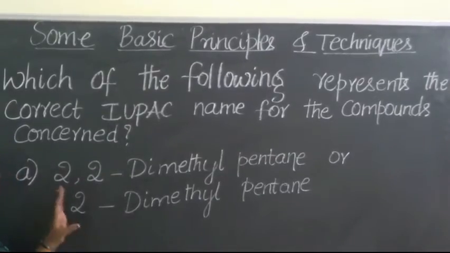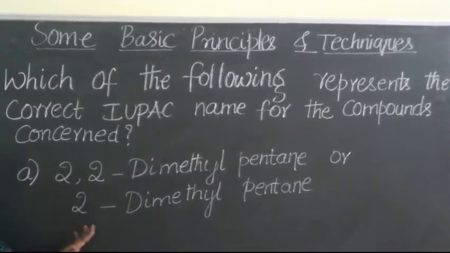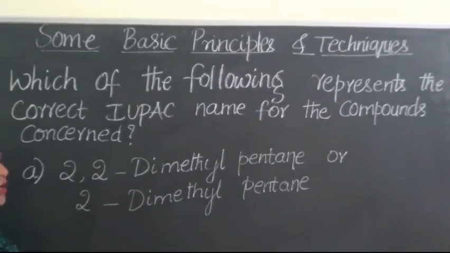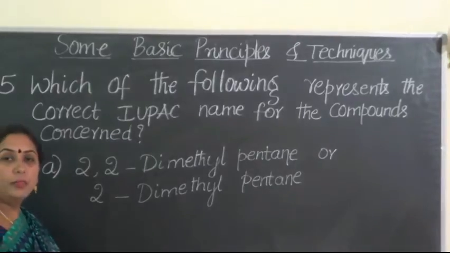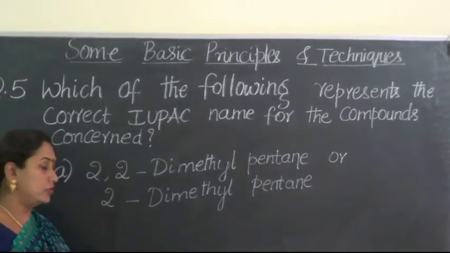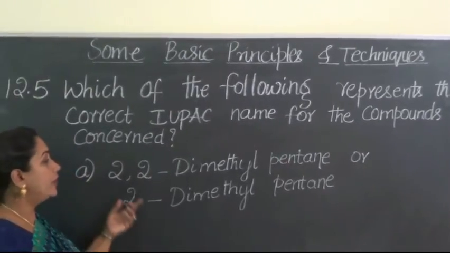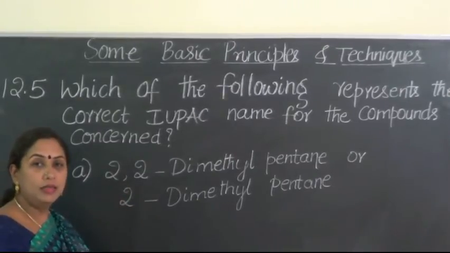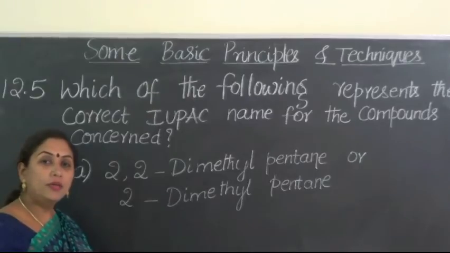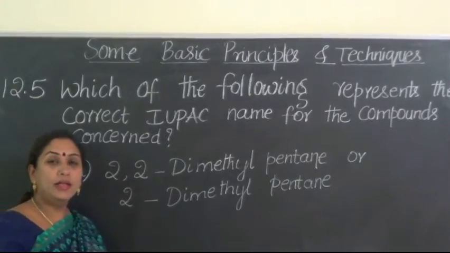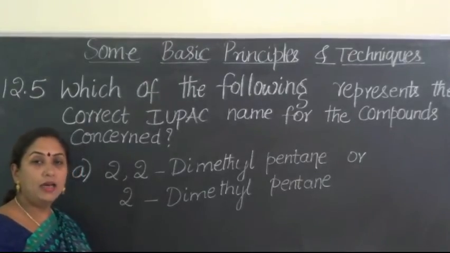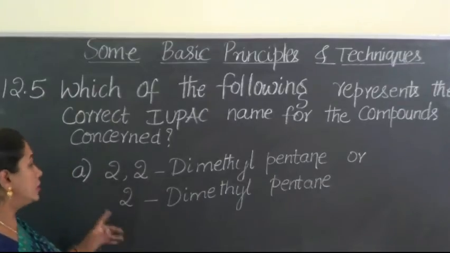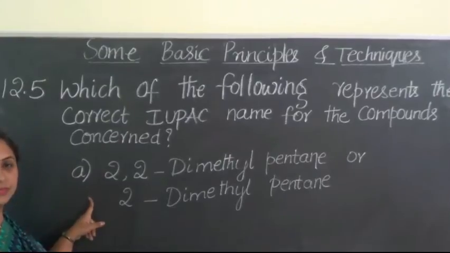That means they have given us different possible names, of which we should find out which would be the correct IUPAC name of the compounds. We need to find this out based on all the rules that we have learned. So, if you want, you can quickly recollect all the IUPAC rules of nomenclature. Now, let us take up the first.